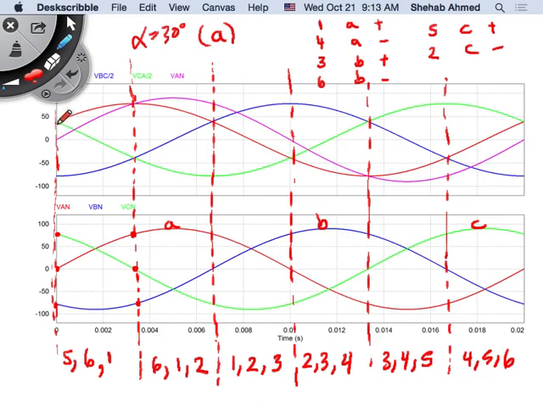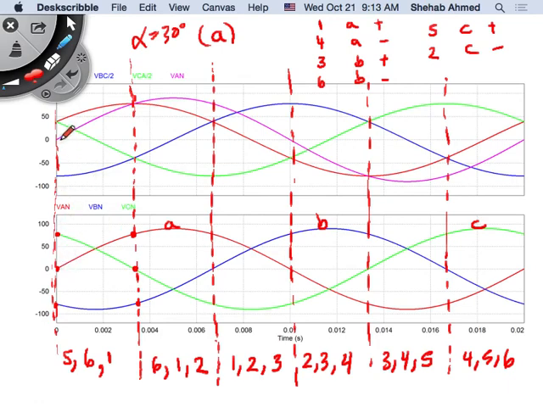1 is turned on 30 degrees away from where? Remember we said it's from where the phase voltage was starting. Because for the all diode case, the output voltage on phase A is equal to the phase A voltage, right? This is the output voltage on phase A. For the all diode case, or the alpha equals 0 case, the output voltage is equal to the phase voltage. So if I am going to delay, it's the delay with respect to the phase voltage, right? Because these two are the same.